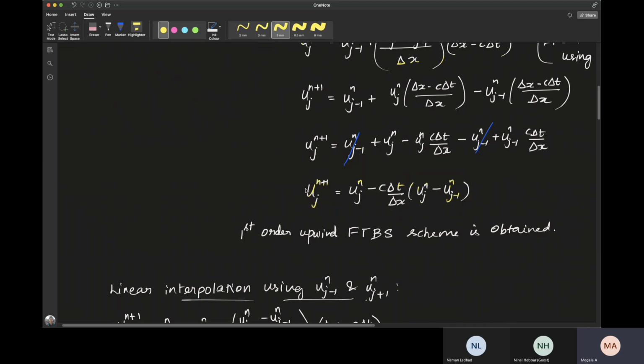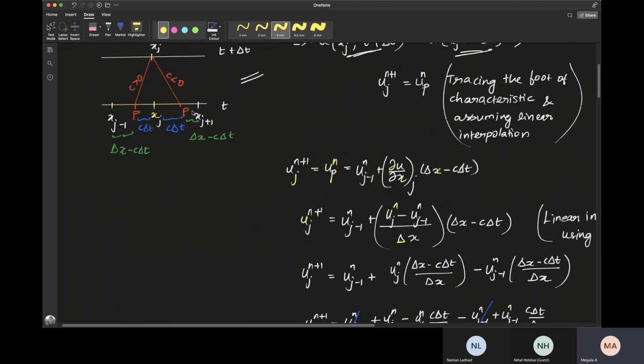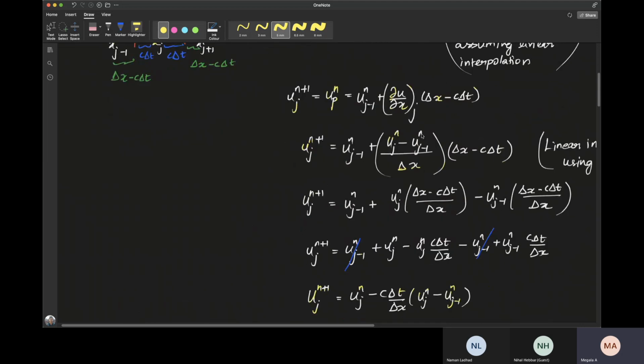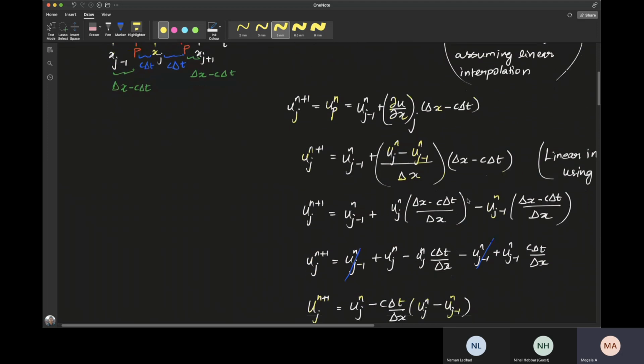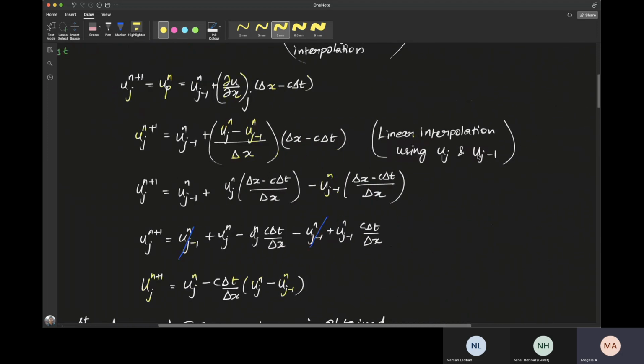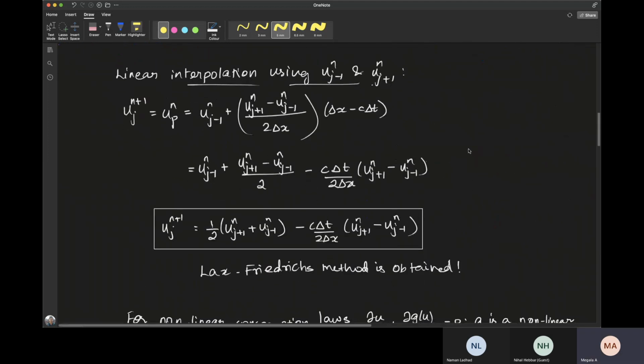We essentially get the FTBS scheme. Suppose we had used c less than 0, then uj plus 1 would come up, and we'd essentially end up with the FTFS scheme, forward in time and forward in space. So this kind of interpolation gives us a first order upwind scheme. And then let us do linear interpolation.